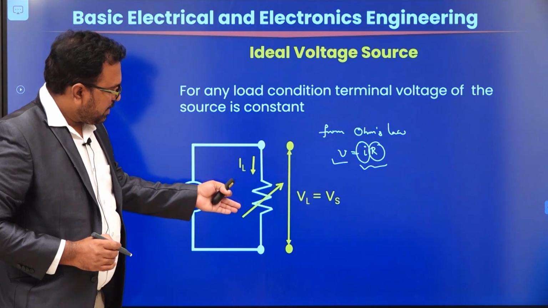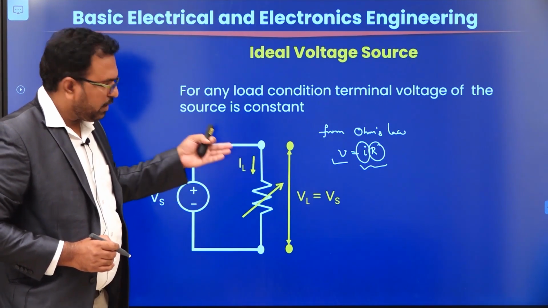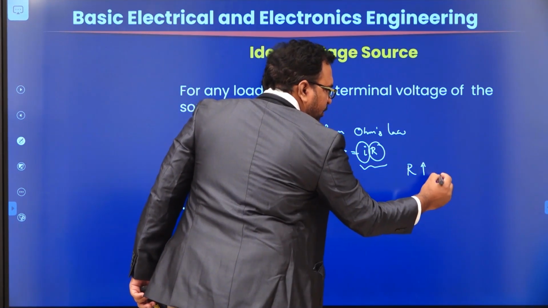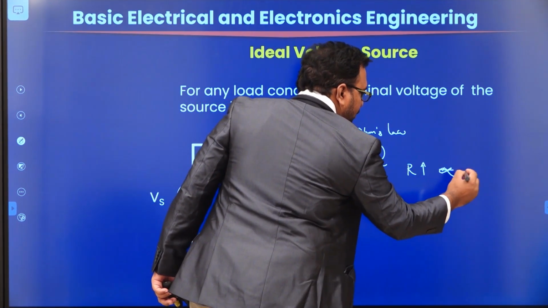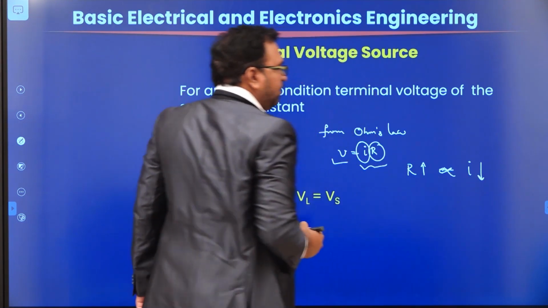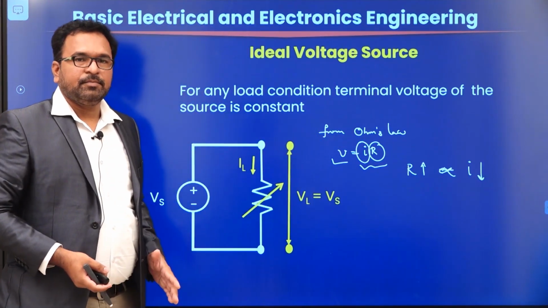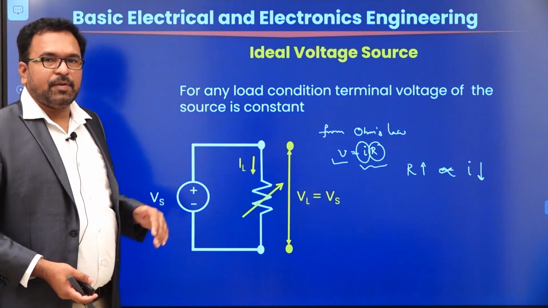If R is going to increase, proportionally I is going to decrease, to make sure that the voltage remains always constant. That's how the ideal voltage source will work.